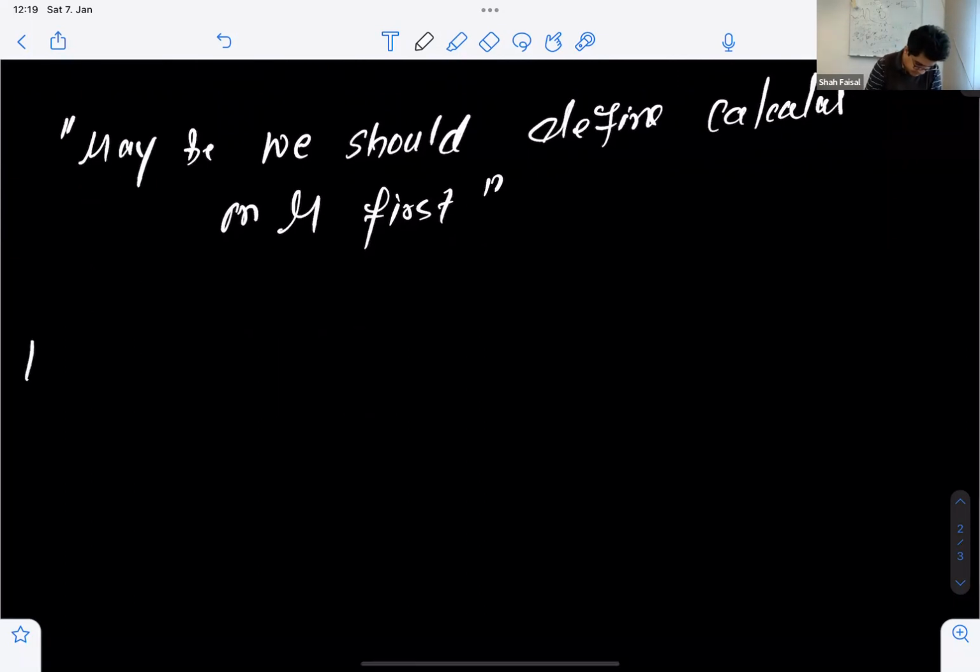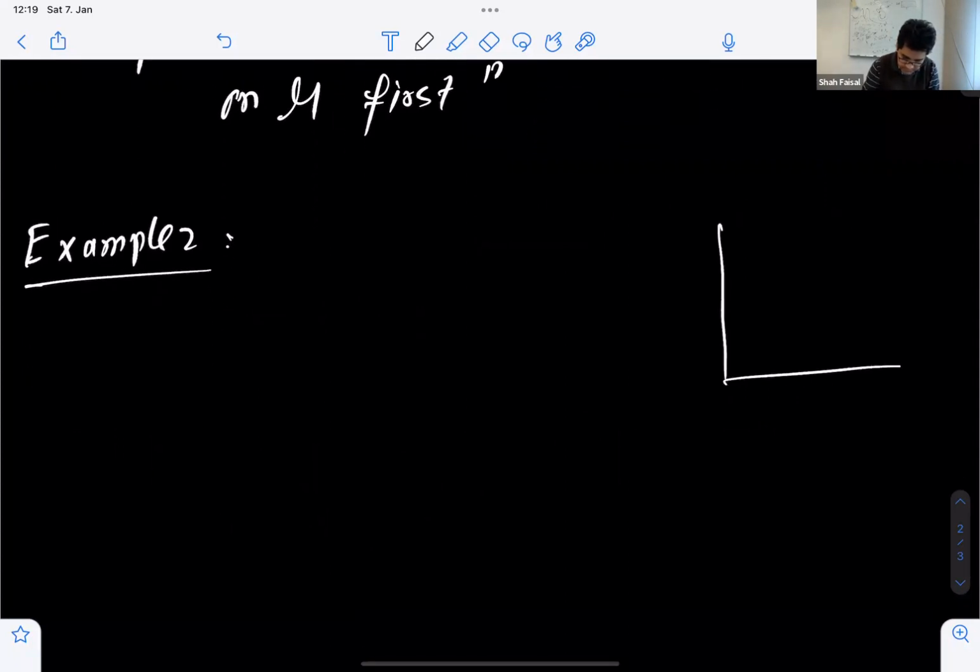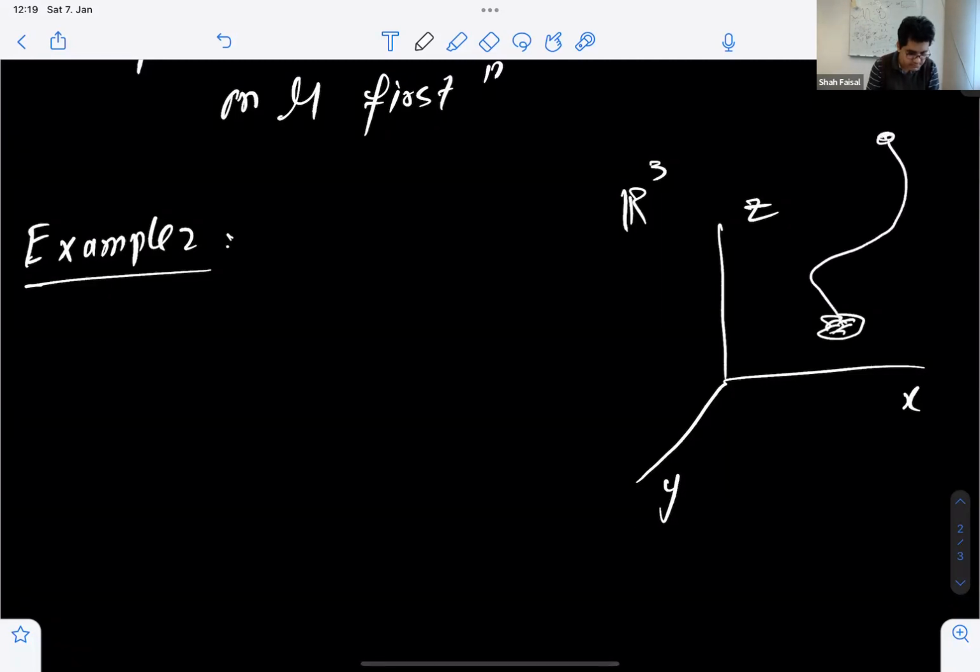So let's look into another example. Let's say you are in R3, and there is some object on the ground or whatever. You lift it to some other point along a path, this one, and you apply a force F. Now, how much work did you do?